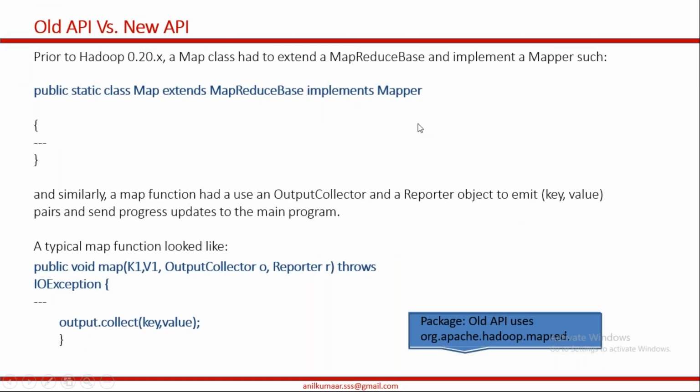So in the old API, we write the map class, which extends the MapReduceBase class and implements the Mapper interface, and after that in the map function, we write key value pairs, OutputCollector and Reporter like this. And the package also, here you can see org.apache.hadoop.mapred like this.